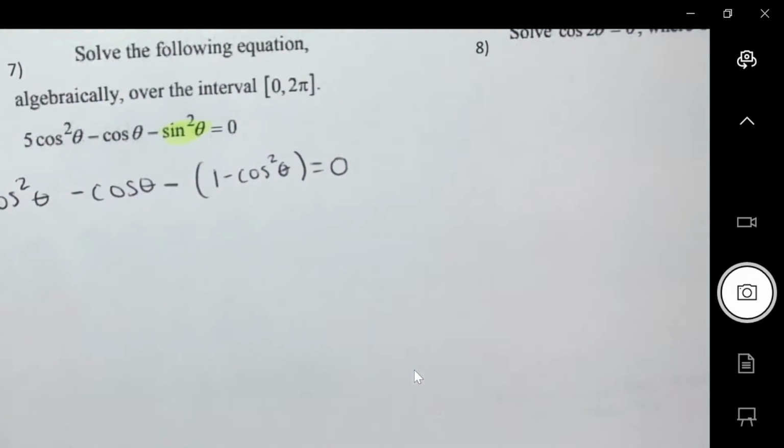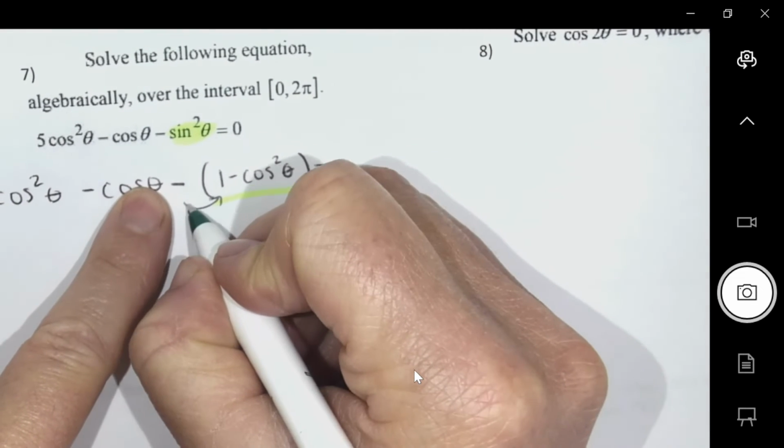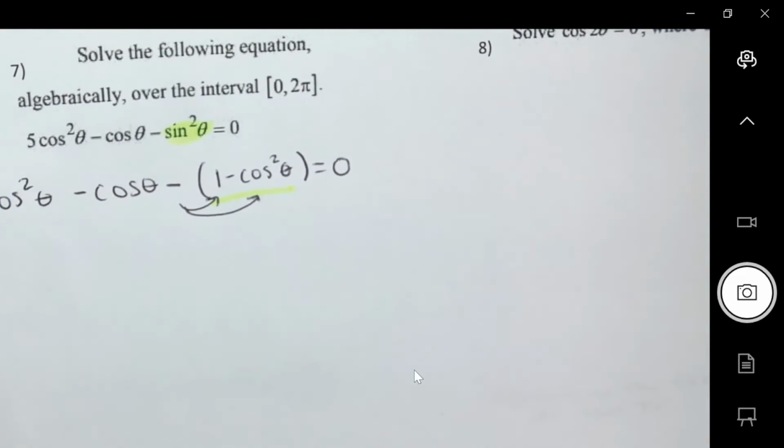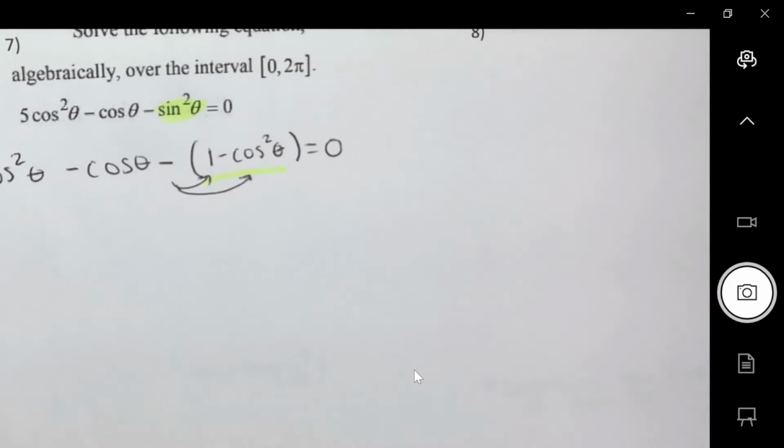Okay, so everybody found the formula from their paper? Okay, do you see why I put it in brackets? Because that negative sign is going to make that a plus cos squared, right? Does that make sense?